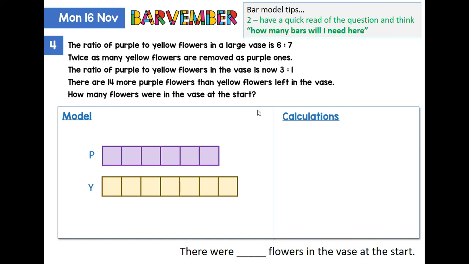Now, twice as many yellow flowers are removed as purple ones. Well, that means I could take away 2 yellow ones and 1 purple one. And if I did that, that would be interesting. I'd have 5 equal parts. So I'd have 5 purple parts, 5 yellow parts, and the number of flowers would be equal.